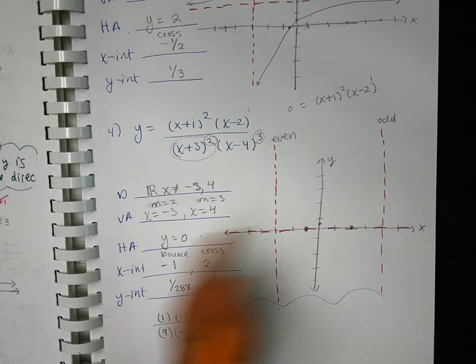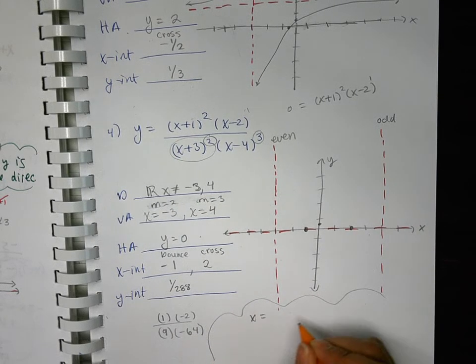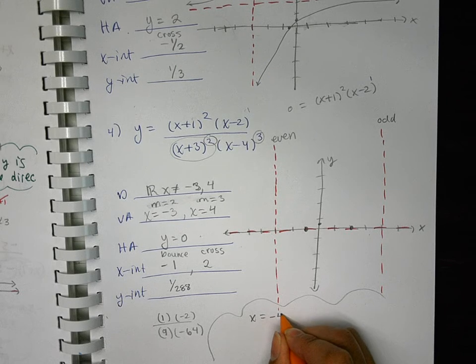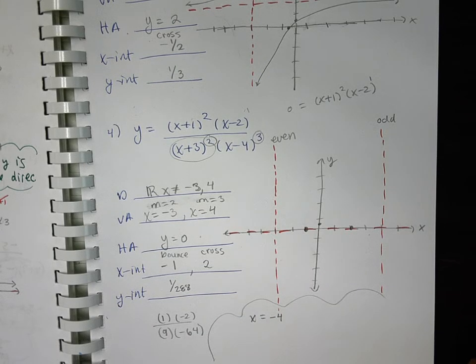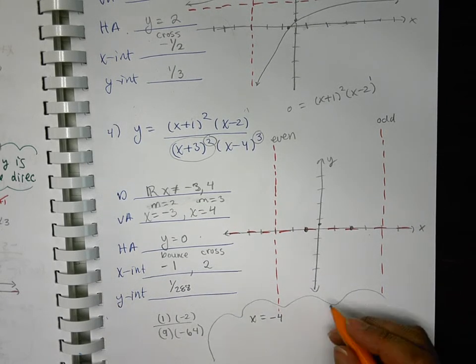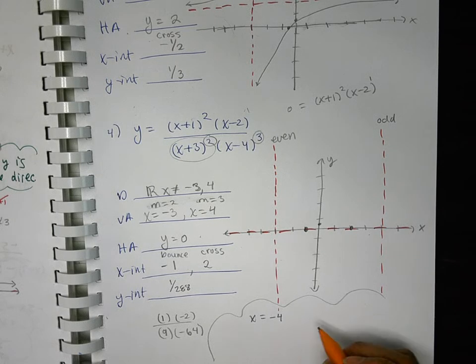Pick a value to the left of that red line. X equals -4. I heard -5. Would -5 work? Yes. Plug it in. All you're caring about is whether it is positive or negative. So do that now.